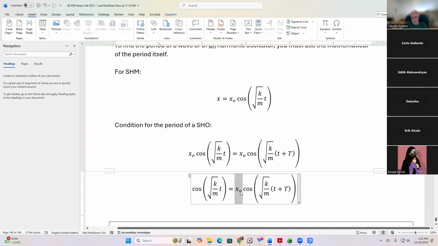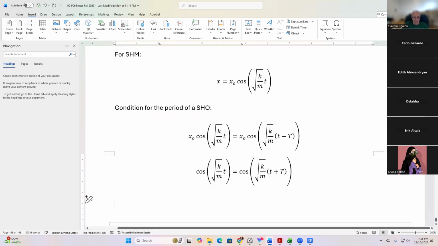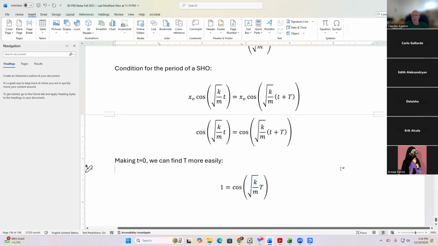Here you go, x naught cancels with x naught. And we can even make t equal to 0 here. Making t equal to 0, we can find capital T, the period, more easily. If we make t equal to 0, the cosine becomes 1, and we end up with a simpler equation.